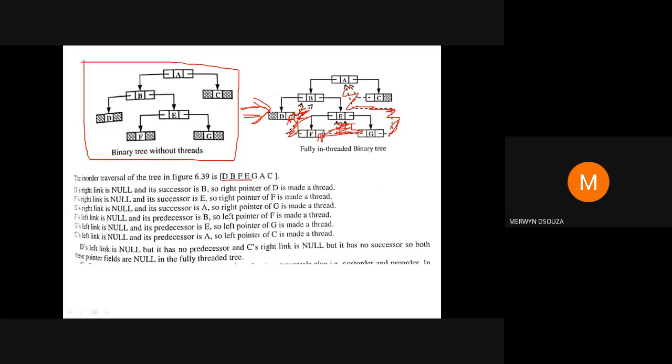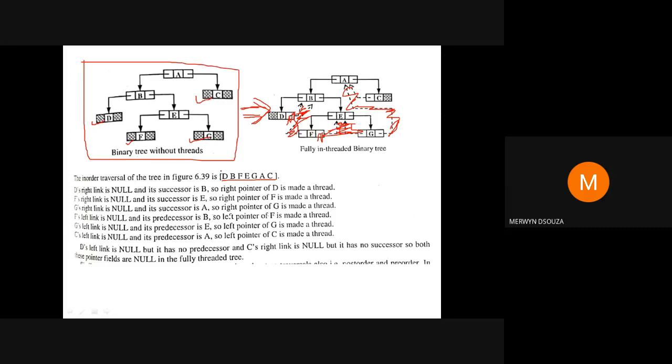Once you have done the traversal, you need to replace the null pointers now. When you are replacing the null pointers, you start with replacing all the left null pointers first. So you first identify which are the left null pointers. These are your left null pointers. And we have said that left null pointers will store the in-order predecessor.